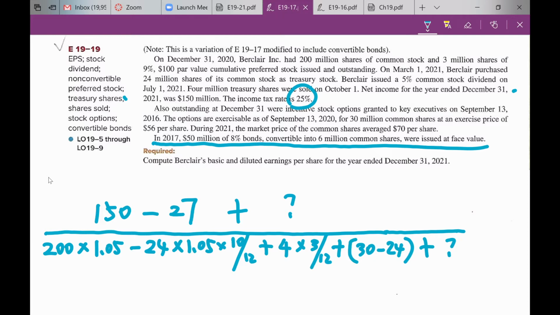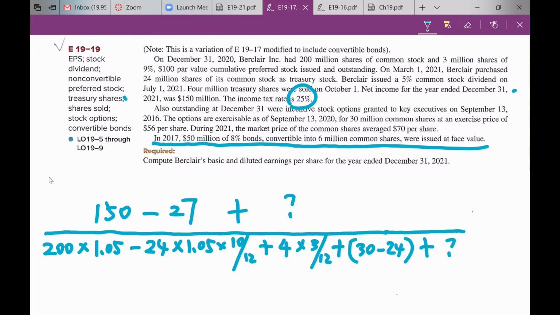We talk about it from 17, okay, 19-17. So now we add additional items, right? So we add these convertible bonds. So convertible bonds to calculate diluted. Again, basic earning per share is still the same, right?